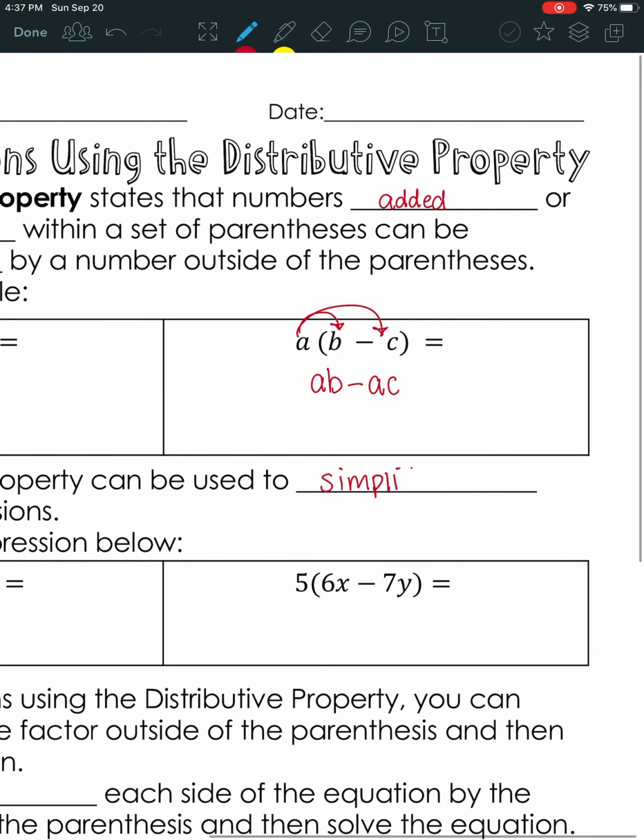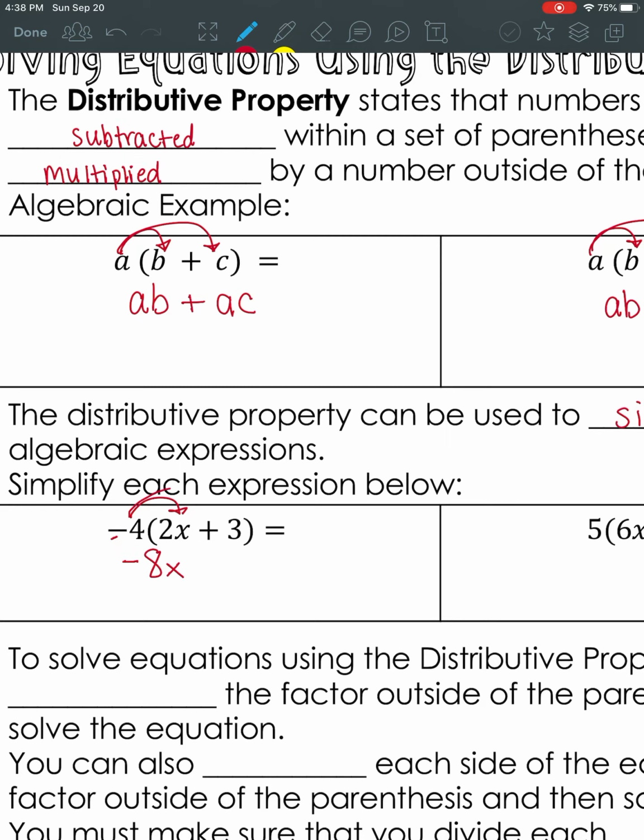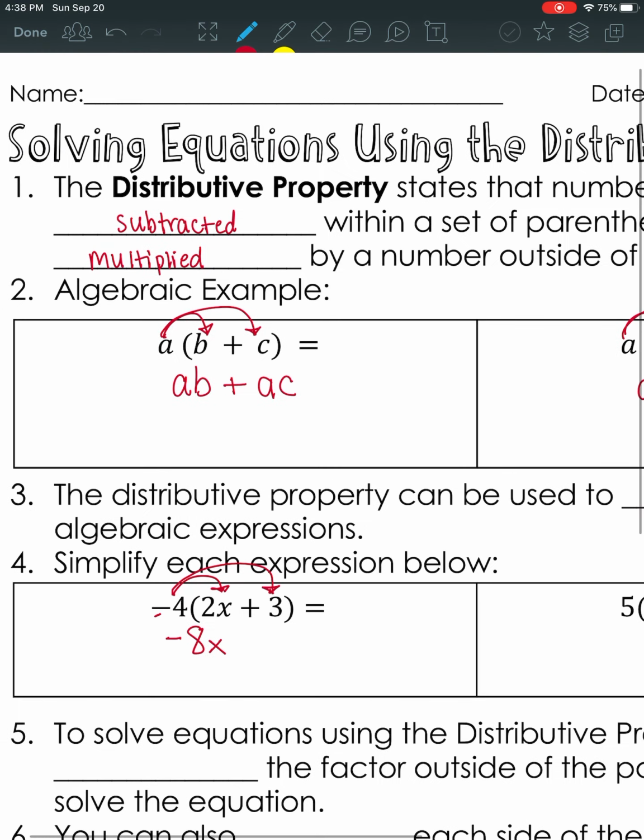The distributive property can be used to simplify algebraic expressions. Now we'll do some examples with numbers in them. For example, we have -4 times 2, so we get -8, and then there's an x on that 2, so -8x. Now remember, there's a negative sign in front of that 4, and we're distributing to a positive 3.